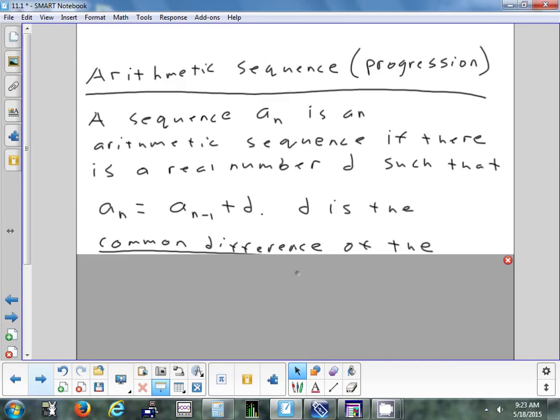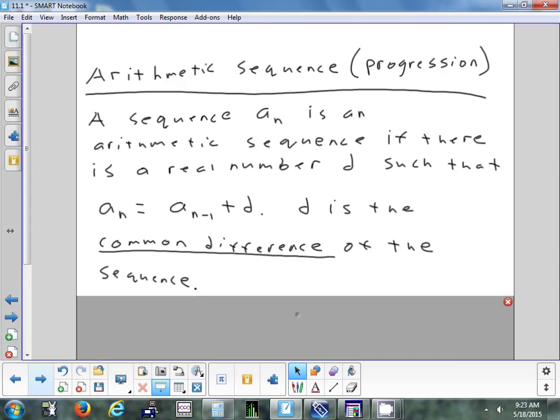So a sequence is arithmetic if there's a number d such that this equation is true. Basically, it's a number that you add to the previous term each time to get the next term. D is the common difference of the sequence. So in other words, if you took two terms that were next to each other and subtracted them, you'd get the same answer every time.